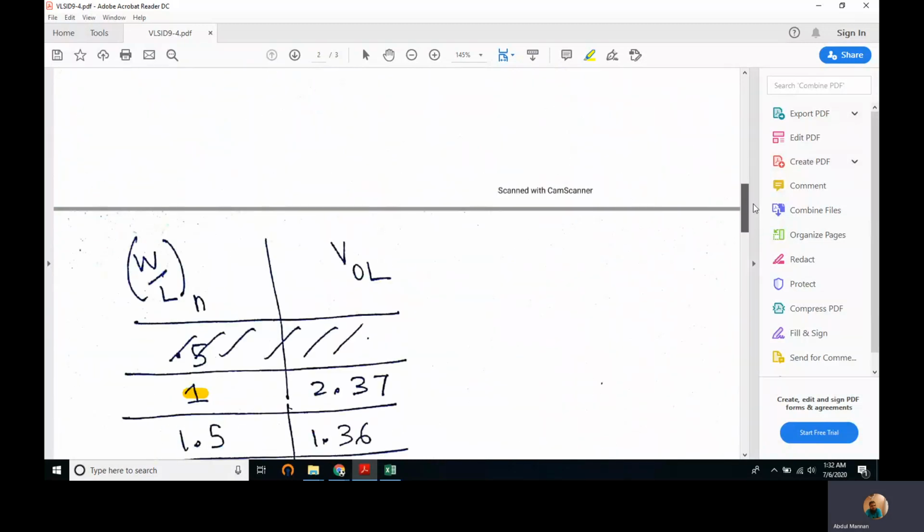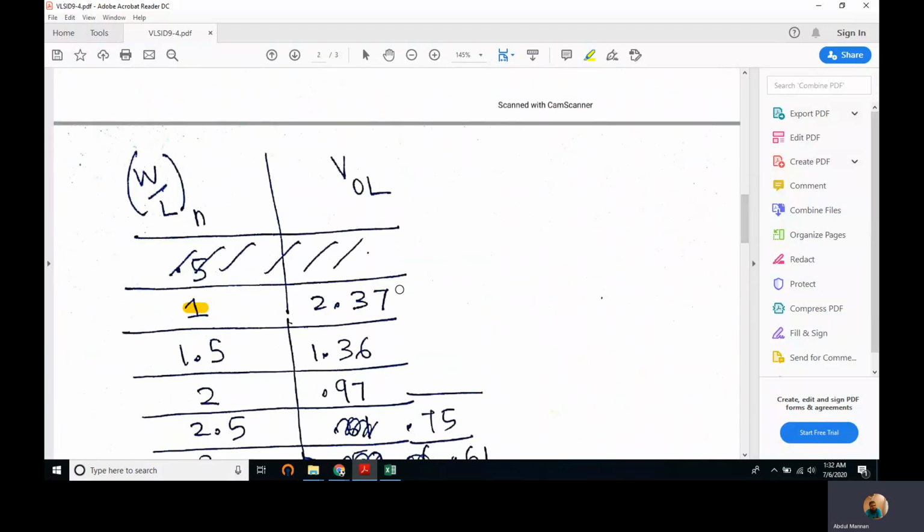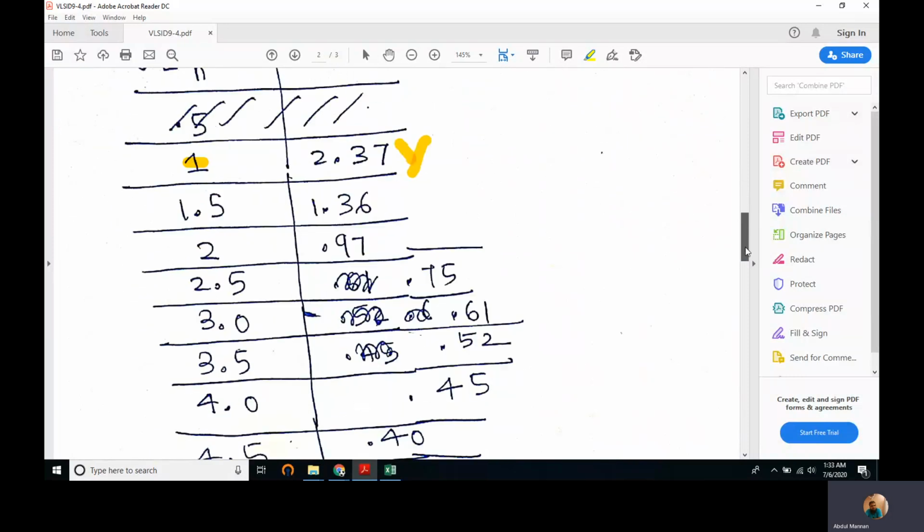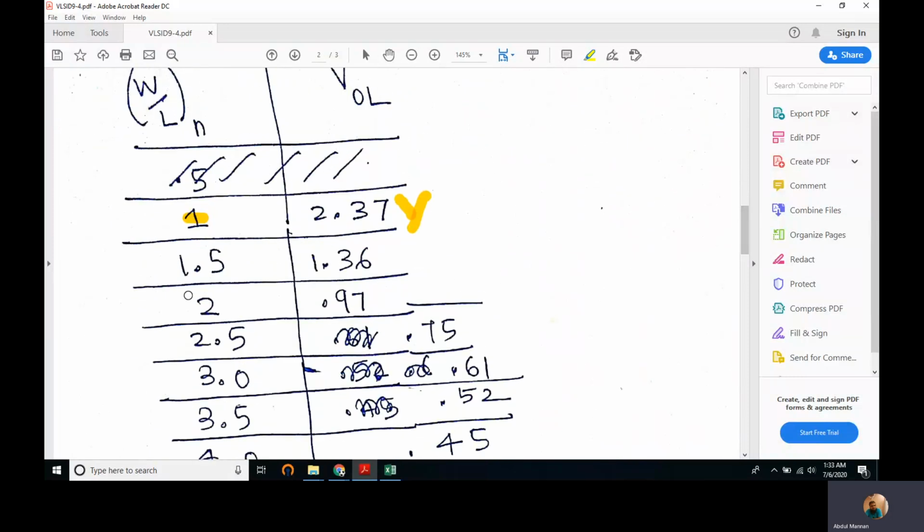So VOL is 2.37 volts. And then we have put a larger value of aspect ratio of N, that is 1.5. So we see VOL decreases. Increasing the size of the nMOS transistor further decreases VOL.